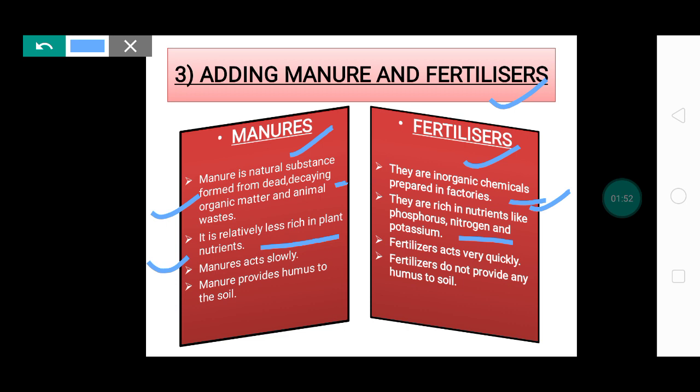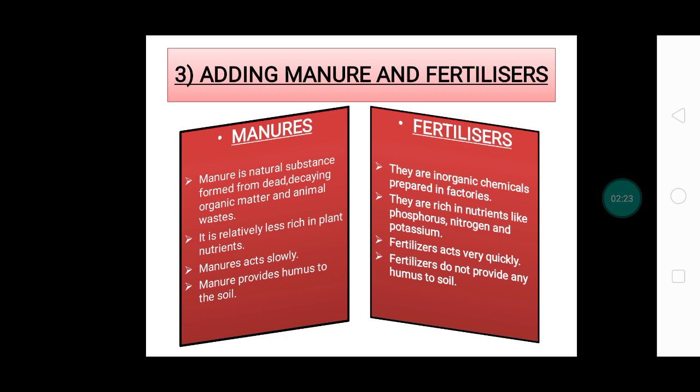Some others are urea, ammonium sulfate, superphosphate, and potash. These are produced where? In factories. Next, manures act slowly, whereas fertilizers act quickly. Last, manure provides humus to the soil, and fertilizers do not provide any humus to the soil. So this is the main difference between manure and fertilizers.